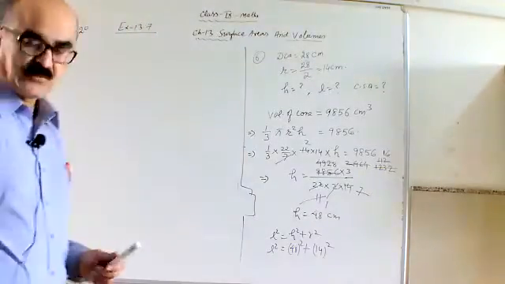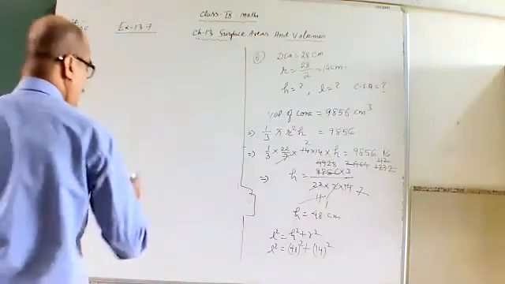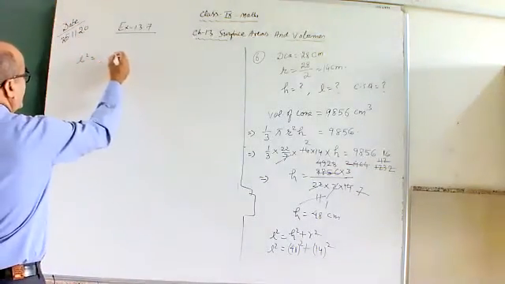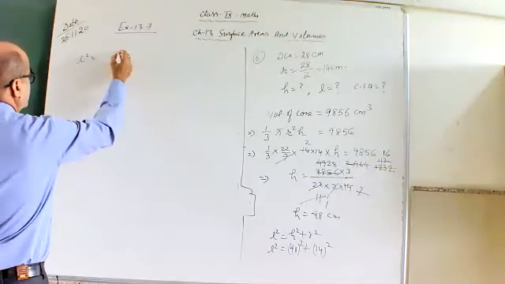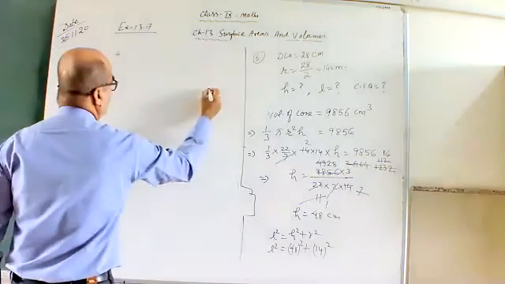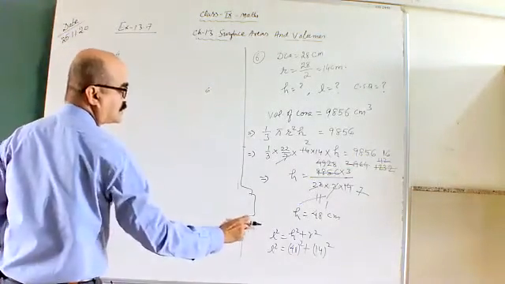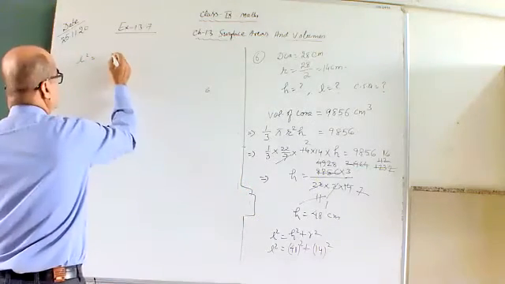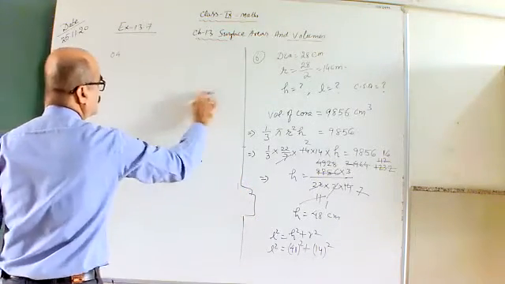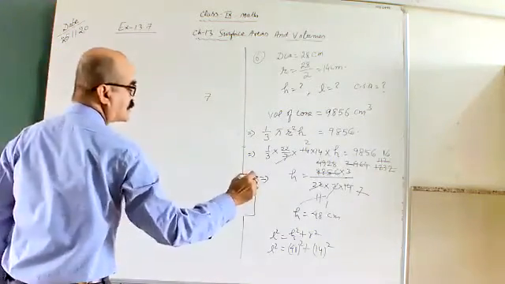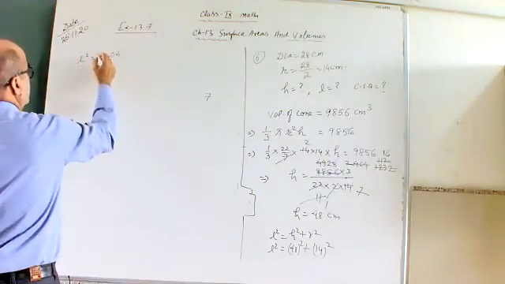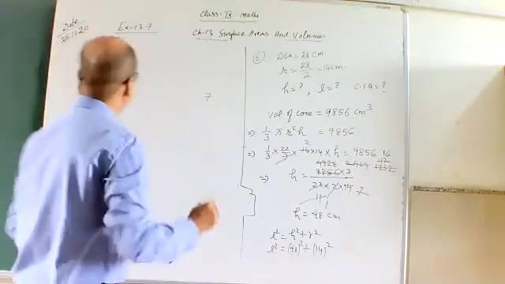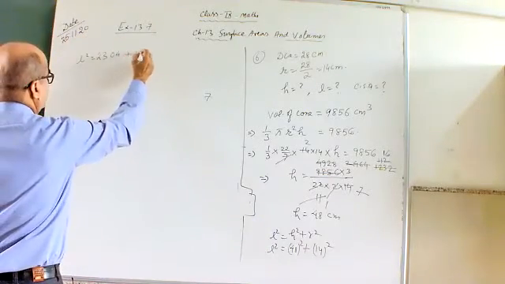So here, what will happen? L square is equal to 48 square plus 14 square. 48 square is 2304 and this is 196.